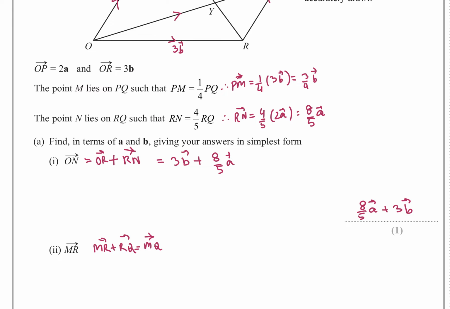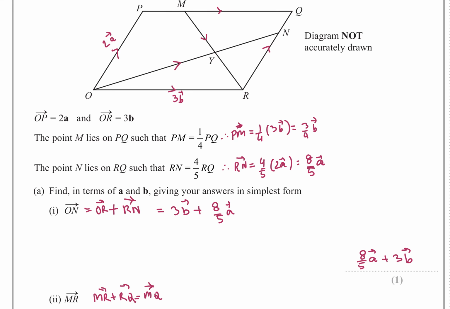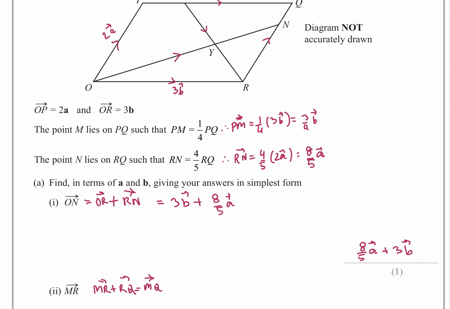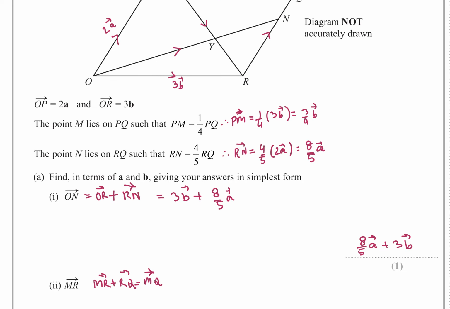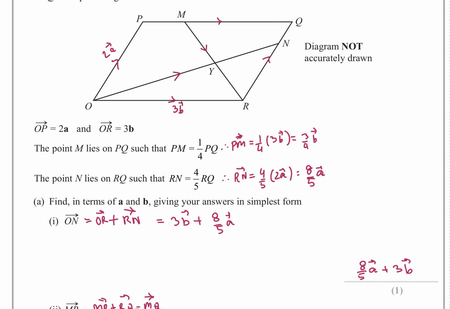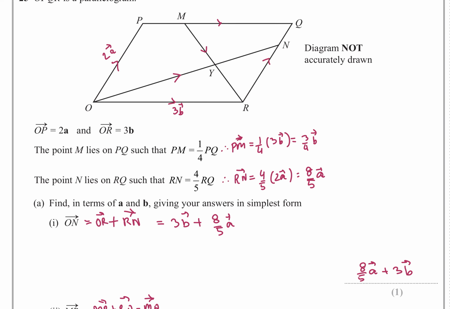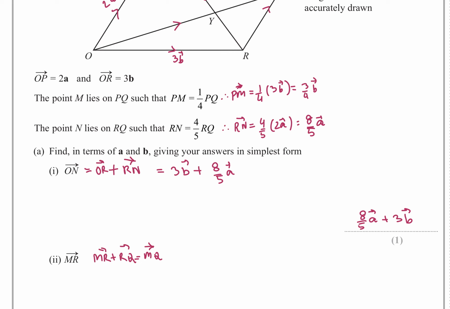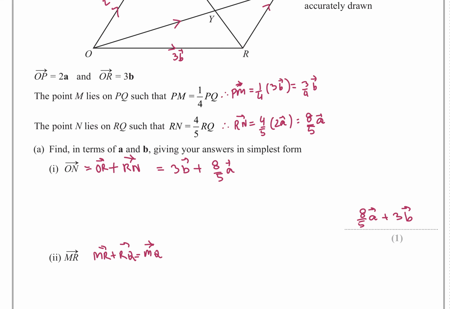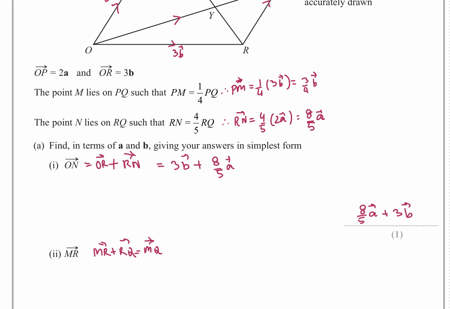So MR plus RQ is MQ. MR we don't know, but we know RQ, and we don't know what MQ is, so we need to find MQ. Let me write it: MR is equal to MQ minus RQ.